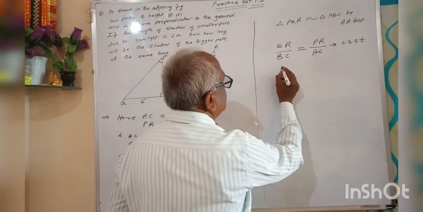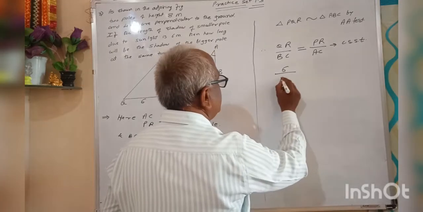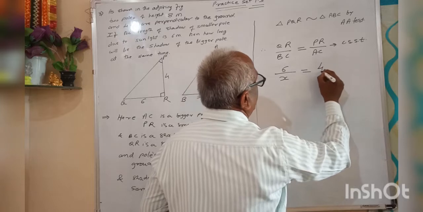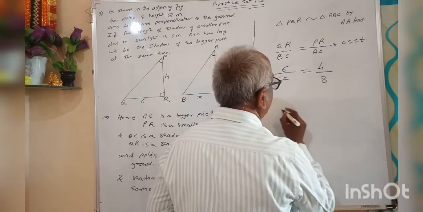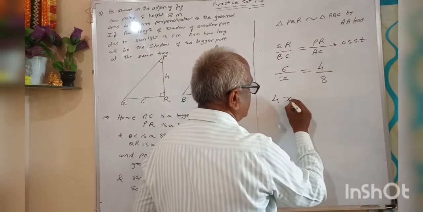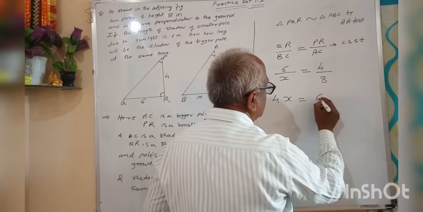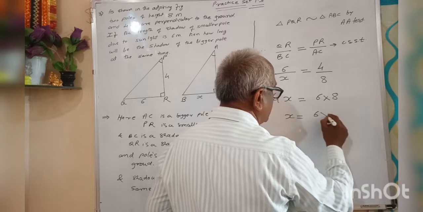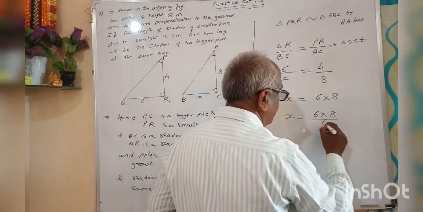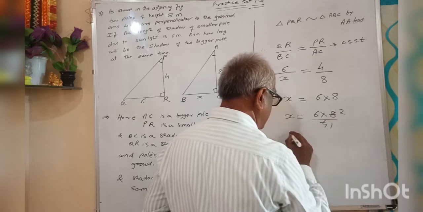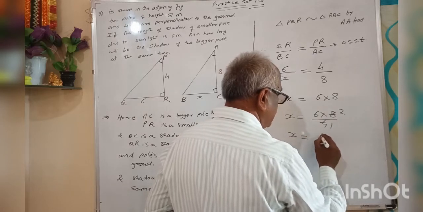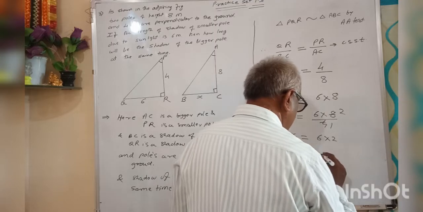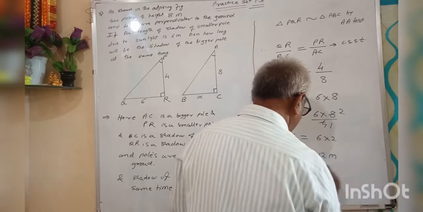Now QR is equal to 6, BC is equal to x, PR is equal to 4 and AC is equal to 8. Taking cross product, that is 4x is equal to 6 into 8. Therefore x is equal to 6 into 8 upon 4. 4 ones are 4, 4 twos are 8. Therefore x is equal to 6 into 2. Therefore x is equal to 12 meter.